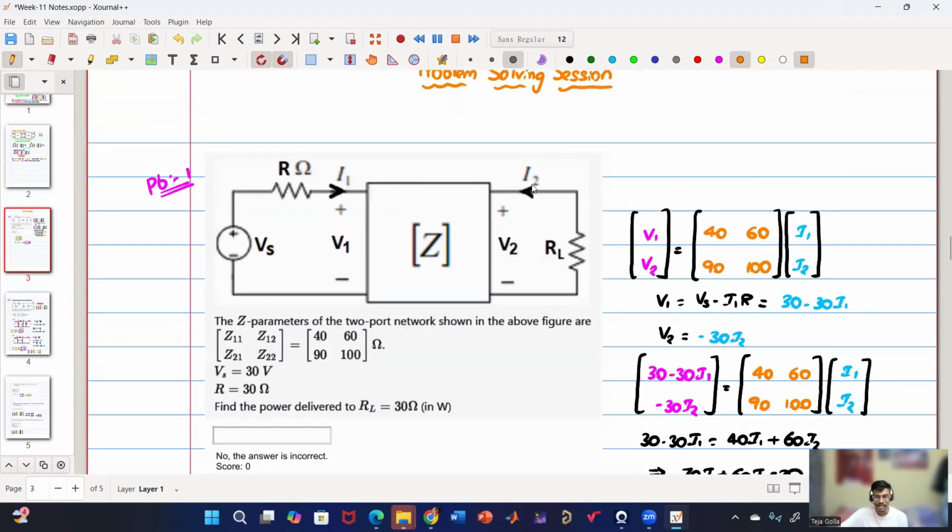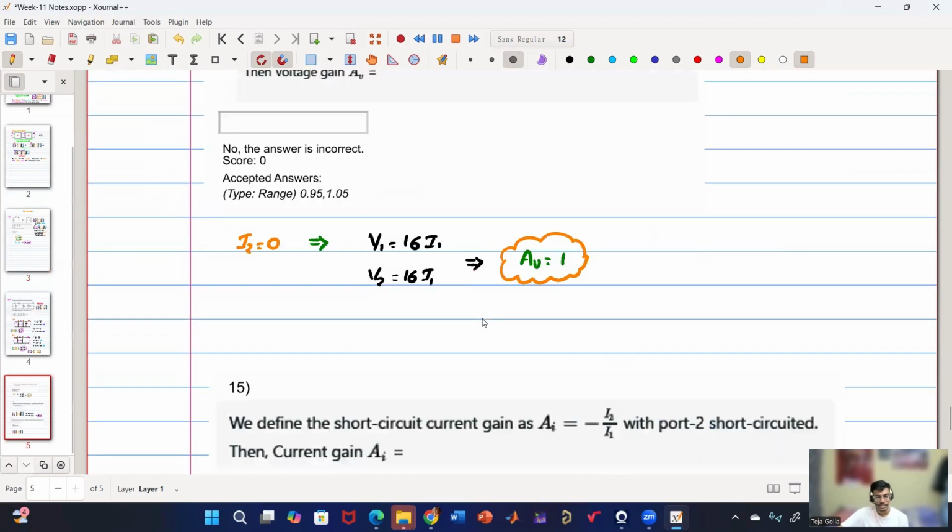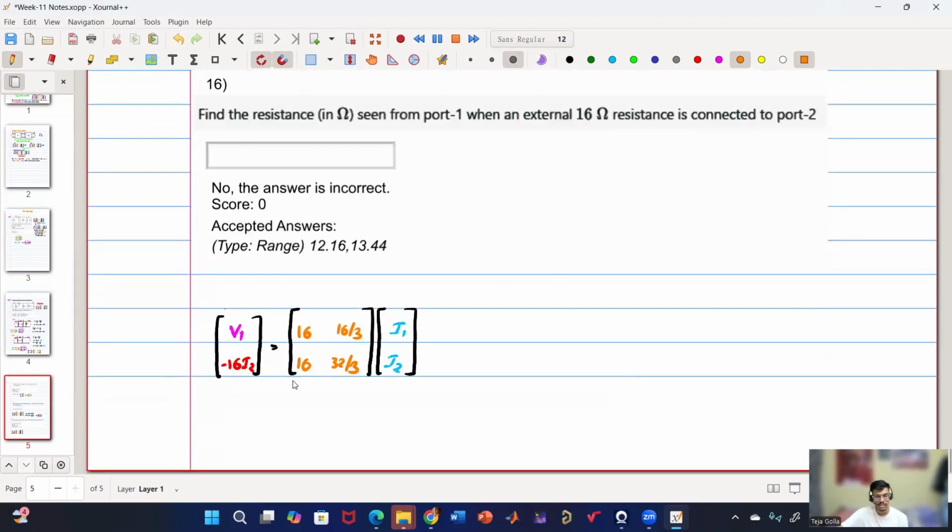Because RL is 30 and the current is I2. Similarly, here they have connected a resistance, say R, so V2 will be minus I2 into R. Here the resistance value given is 16, so it is minus 16 into I2. Clear?